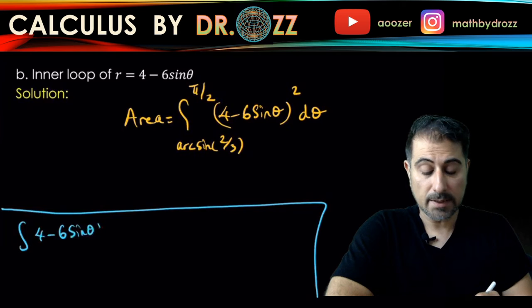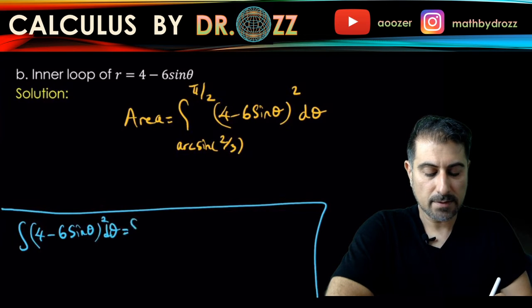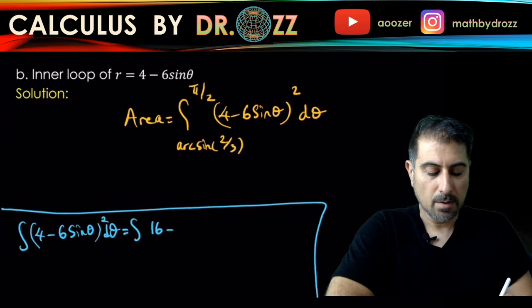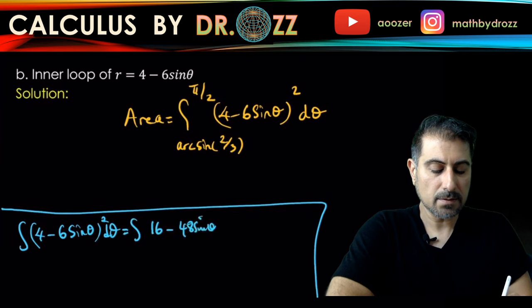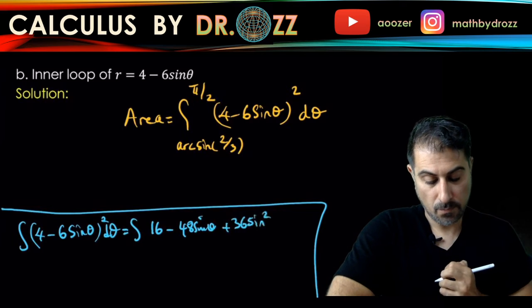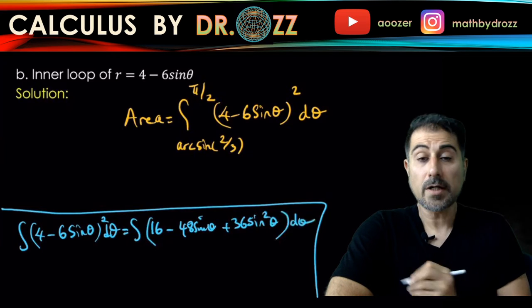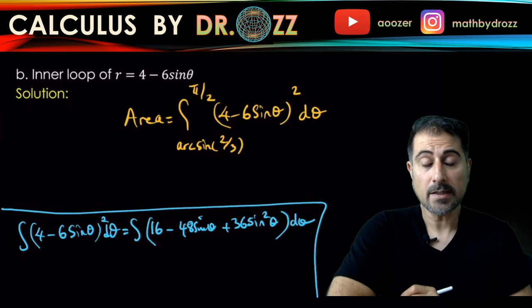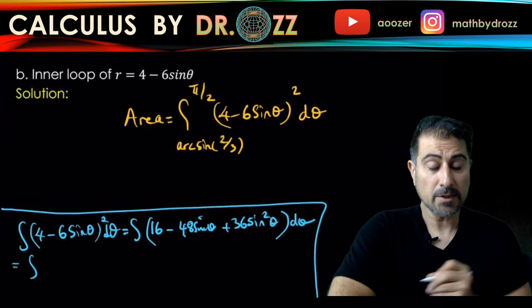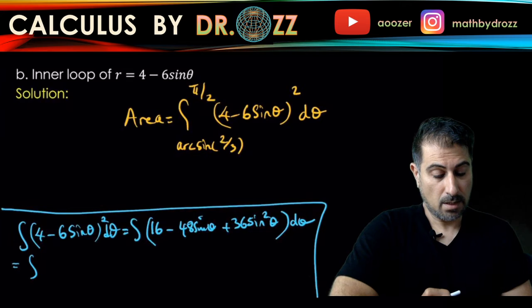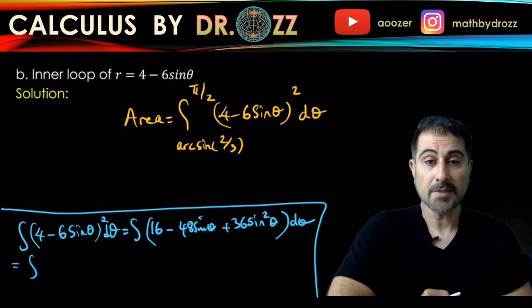Okay, let's expand this out. 16 minus 48 sine theta plus 36 sine squared theta d theta. And here I'm going to use the power reducing formula again, since we have sine squared theta, and that's the even power of sine.